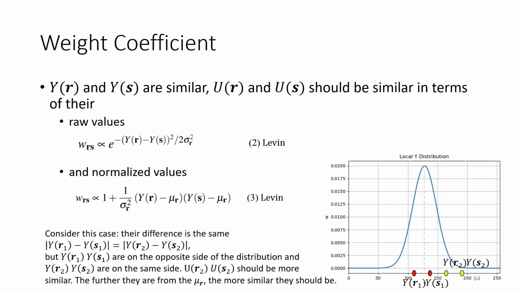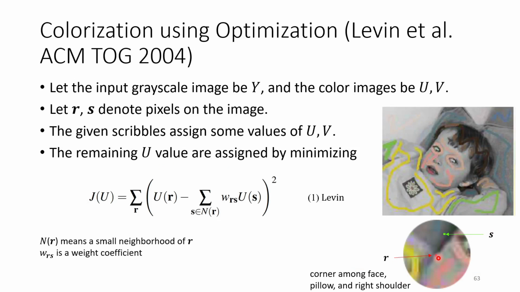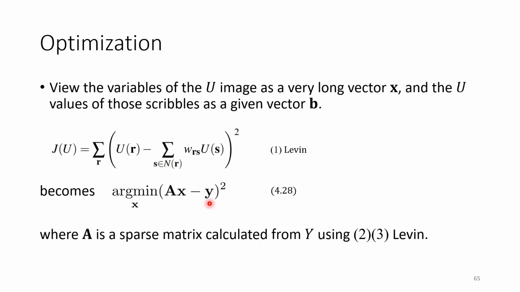If I want to know the value at the location of R, I only need to consider its neighbors. Those pixels with color, meaning the U value is given. In this case, it will be my variable x times a certain matrix minus y, which is a vector, not just a single value.